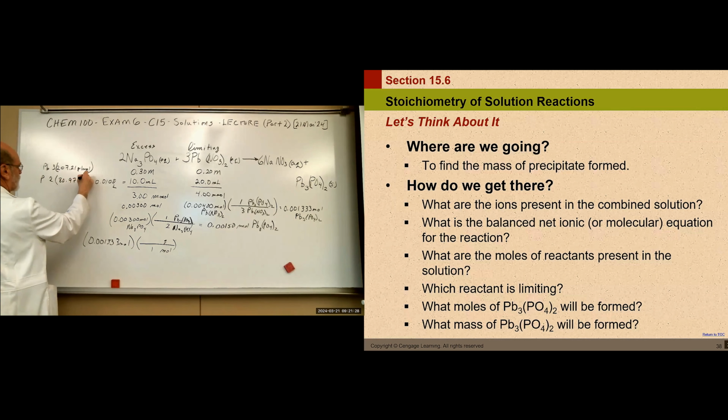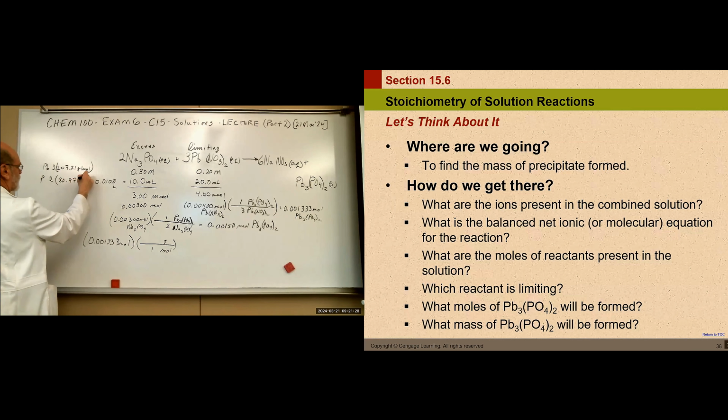Well, for every 1 millimole of that compound, we have 2 nitrates. That means we have 8 millimoles of nitrate ions. Now, what's the volume? The volume is 20 plus 10, or 30 milliliters.